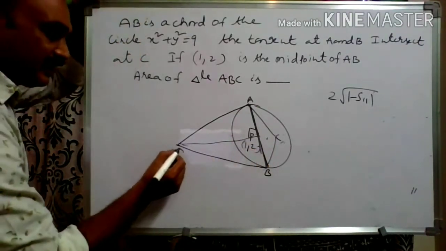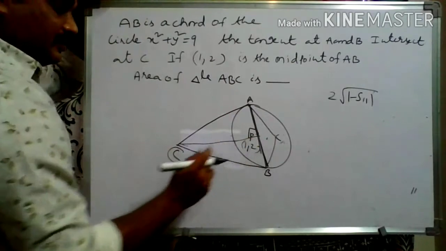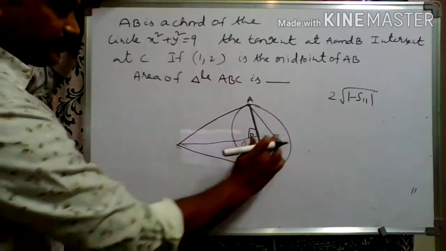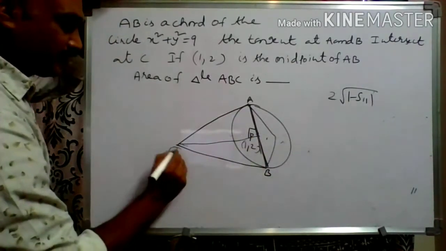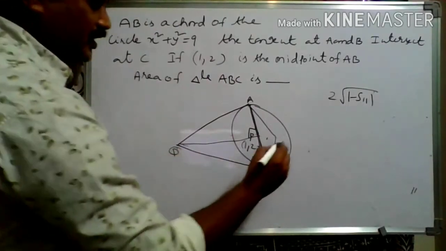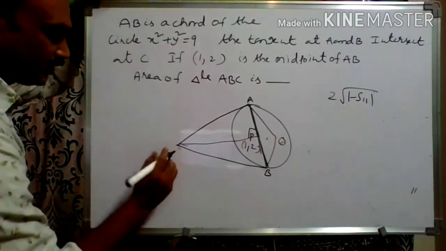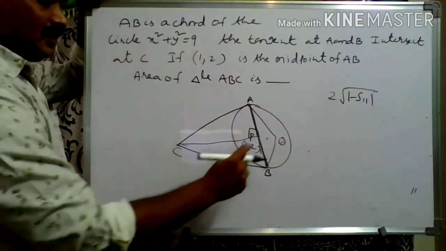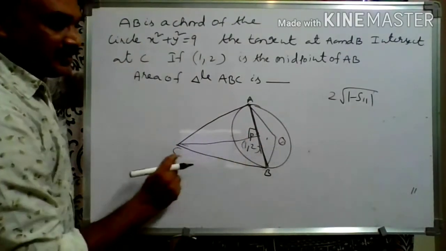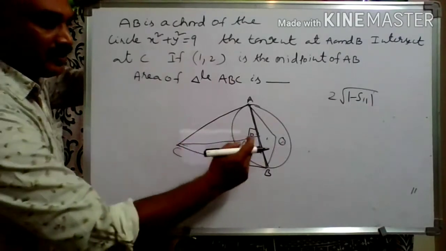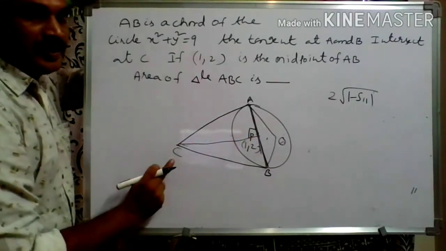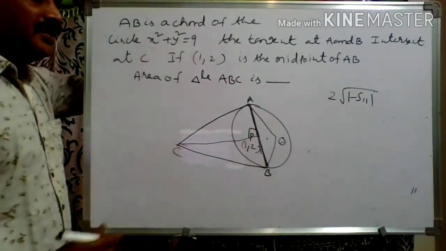Students, how to calculate C? Already seen. Suppose this point is Q. Suppose this point is O, students. P and C lie on the same side. These two, P and C, are inverse points. First calculate the inverse point.